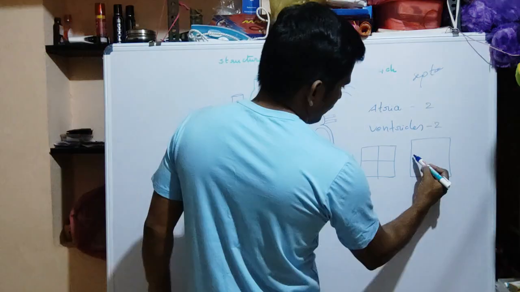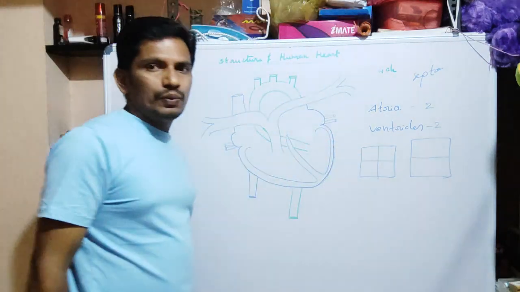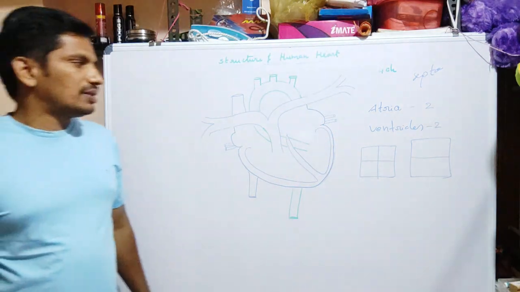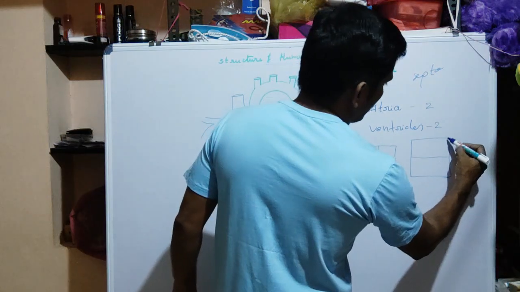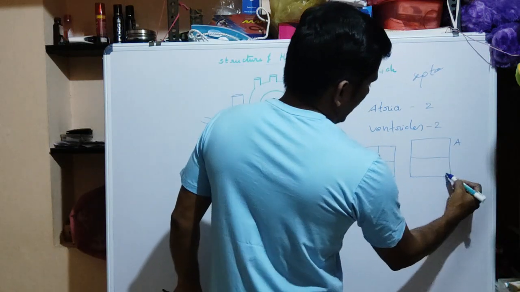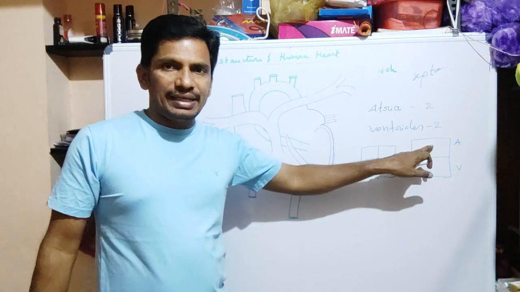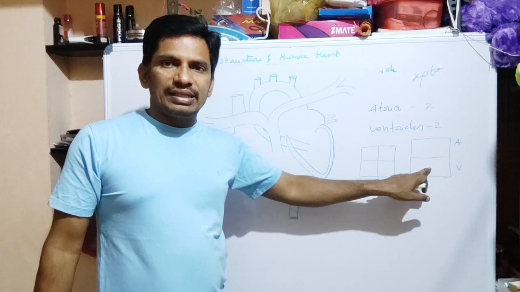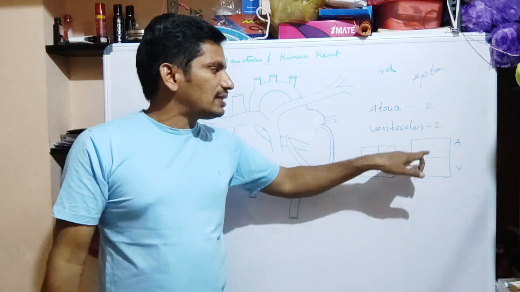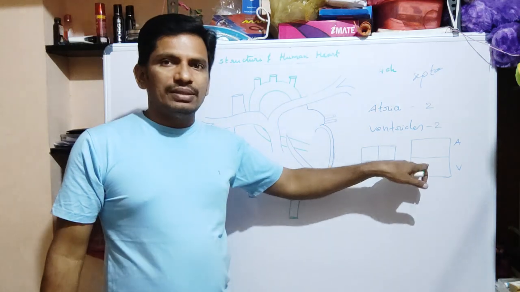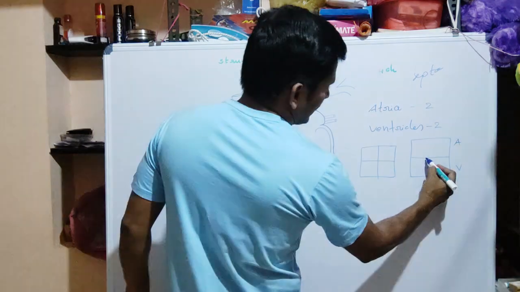Now see, one partition makes the heart into upper and lower chambers. What are the chambers here? Upper are the atria and lower are the ventricles. The septum which divides the upper and lower chambers is called the interatrioventricular septum.